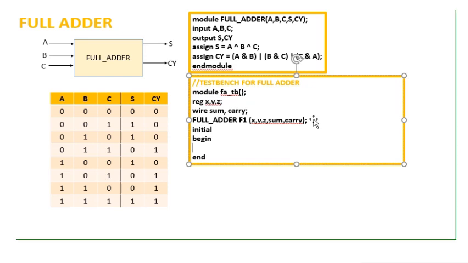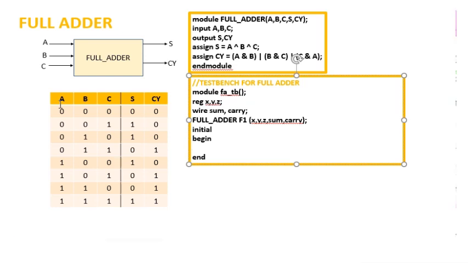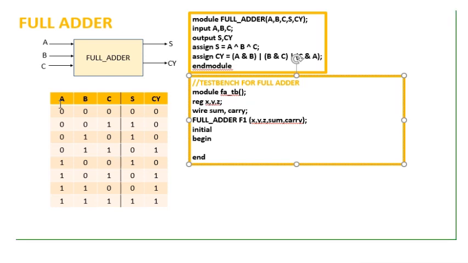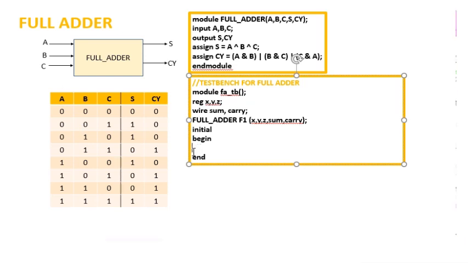Now you have to apply the stimulus as per the truth table. This is a 3 input circuit, so with the 3 inputs we can have a maximum of 2 power 3 combinations, that is 8 combinations you can give for the input. So your test vector should consist of 8 combinations.